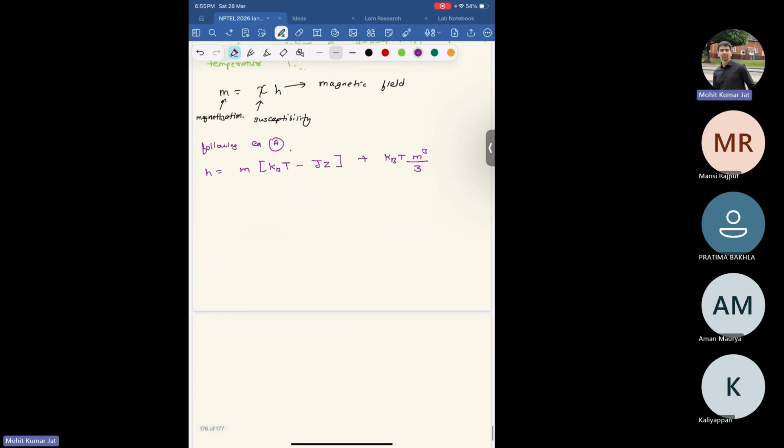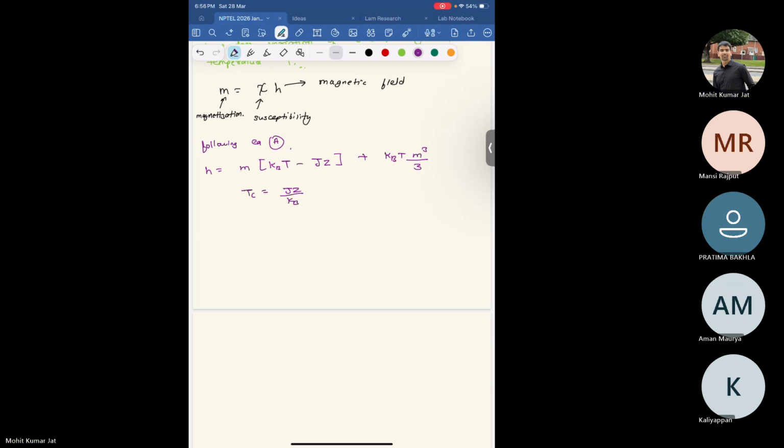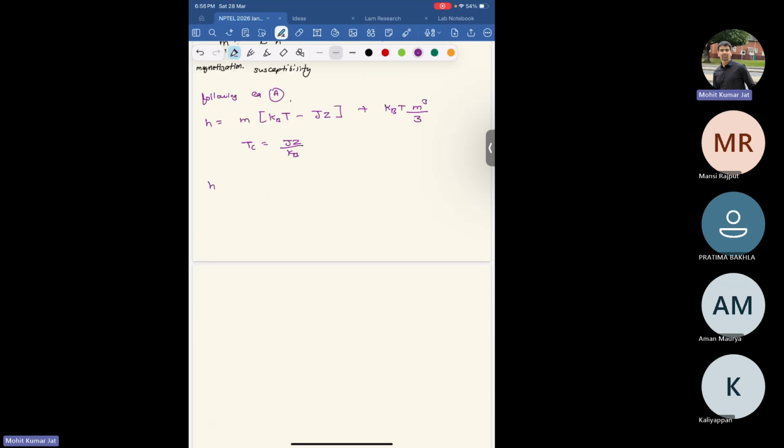And Tc is equal to ZJ by KB. But since in this condition we will be away from Tc, the first term will not go to 0. You can take M and KB out, and this becomes T minus Tc, plus KBT M cube by 3.